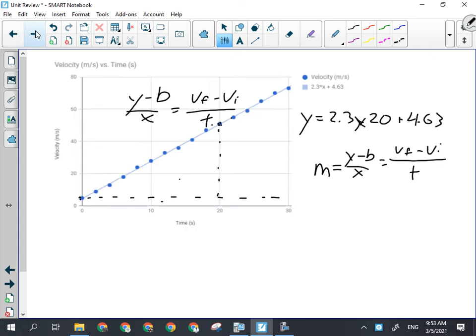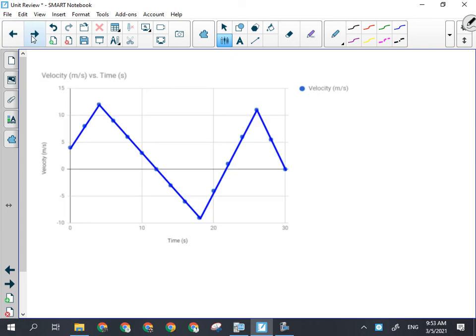And then the other way, like we said, you could have a graph that looks like this. Maybe I ask you to calculate, since this is a velocity versus time graph, what's the acceleration between, I don't know, 0 and 12 seconds. So I'd go, my final velocity is 0, my initial velocity is 4, divided by 10, negative 0.4 meters per second squared, something like that.